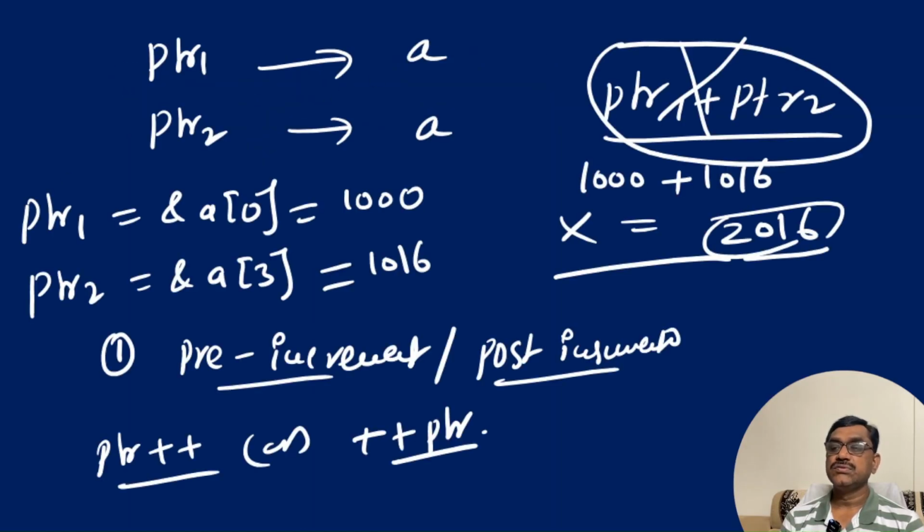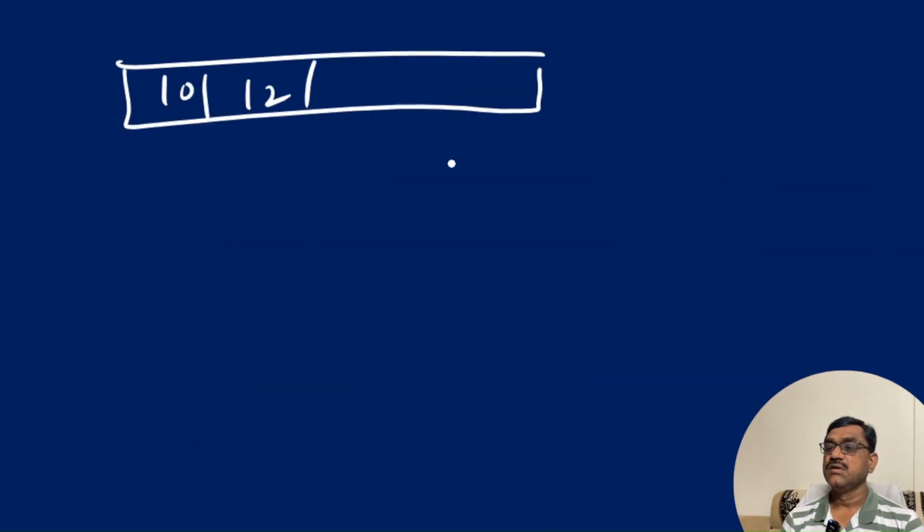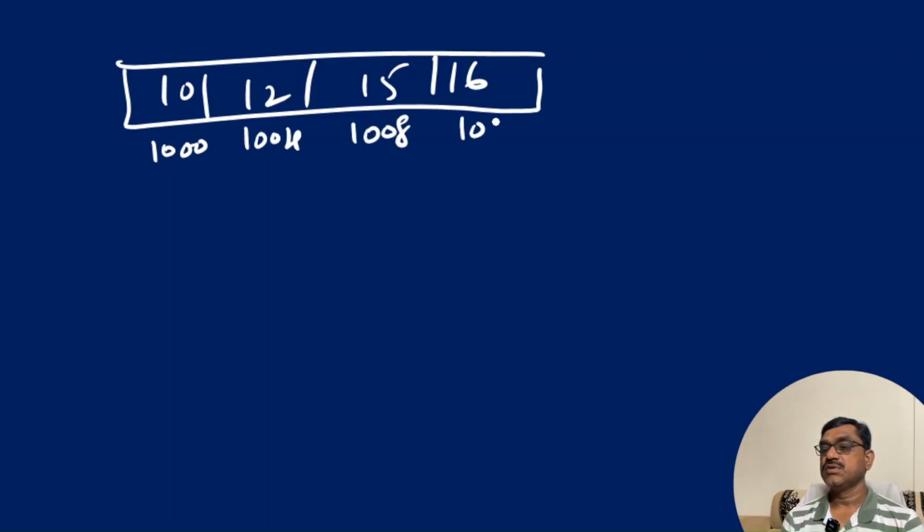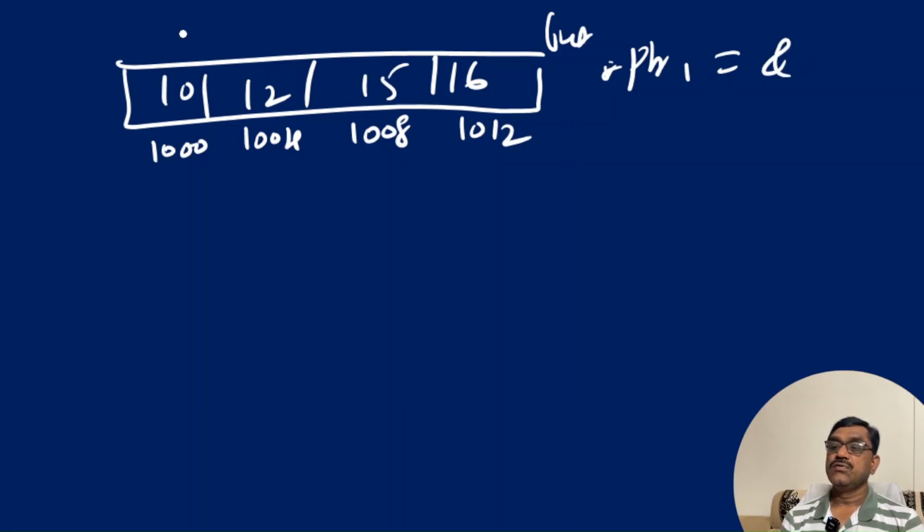Just now we gave an example with the values 10, 12, 15, and 16, and we said that these are at addresses 1000, 1004, 1008, and 1012. In this case, assume there is a pointer PTR1 equal to ampersand of A of 3, where the elements are A of 0, A of 1, A of 2, and A of 3.